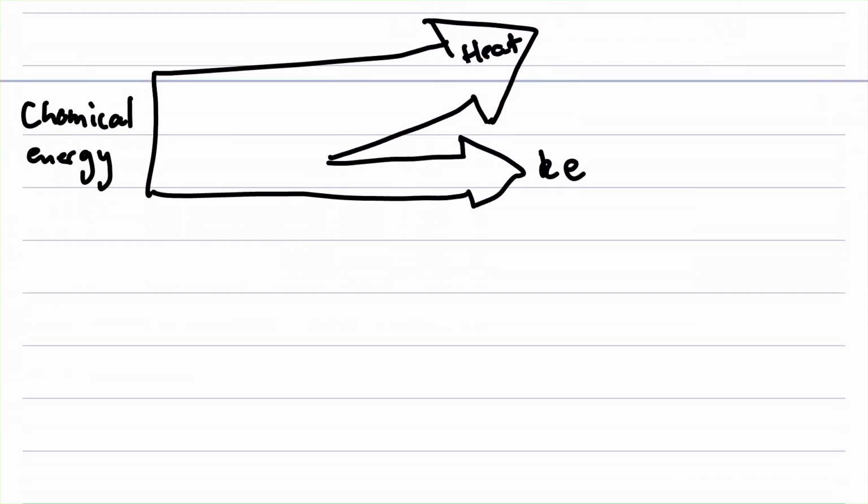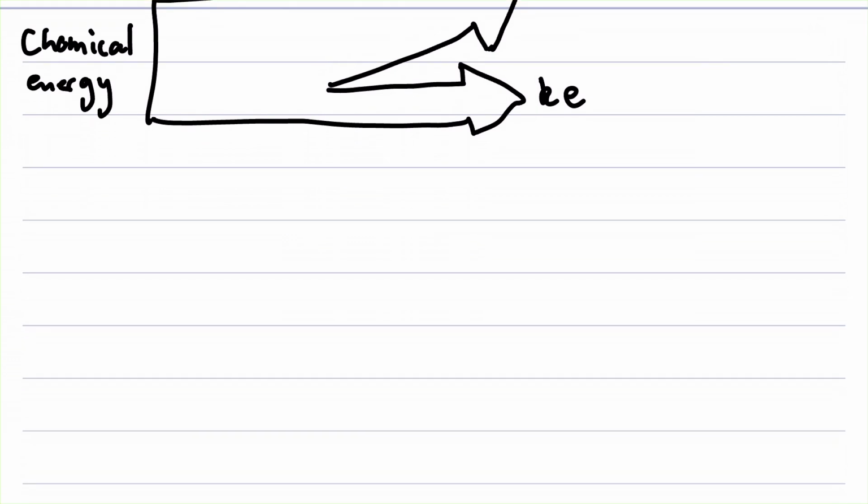As an example, they have a question where we need to figure out the efficiency. They have a dam. This is the outlet of the dam.